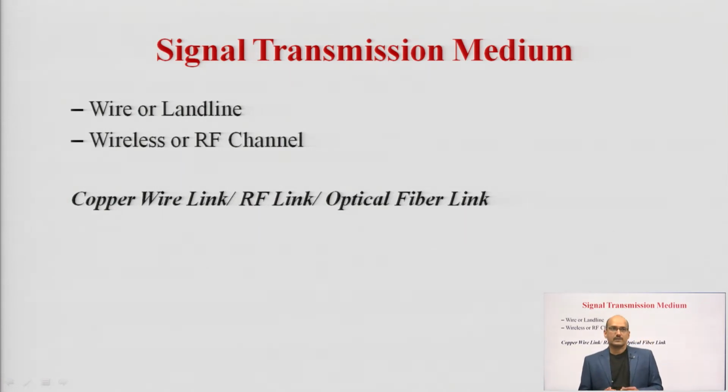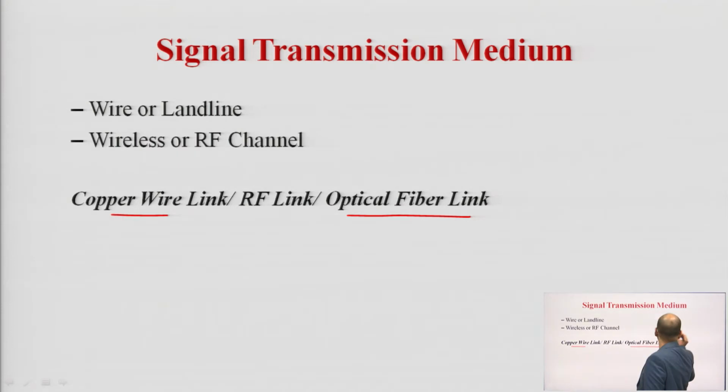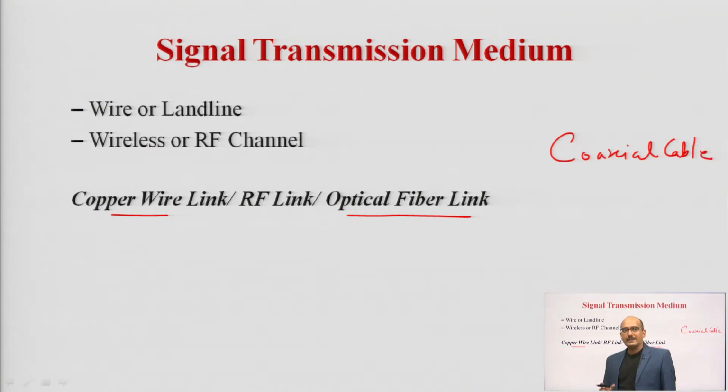Whenever the distance is small, you use a wire or landline system as the transmission medium. That wired or landline system is some kind of copper wire link, optical fiber link, coaxial cable, or some other kind of cable. It means in the transmission medium there is a physical structure between the transmitting and the receiving end.